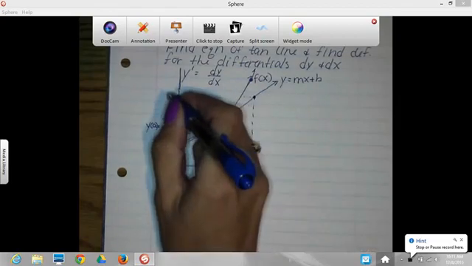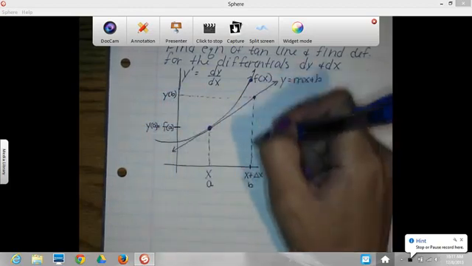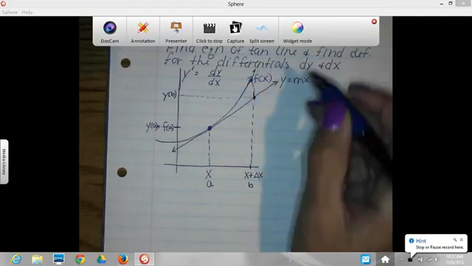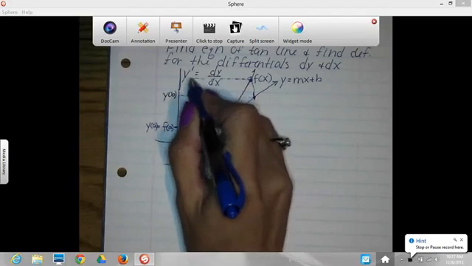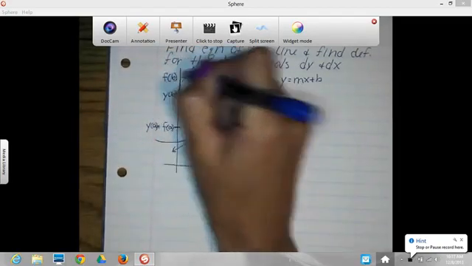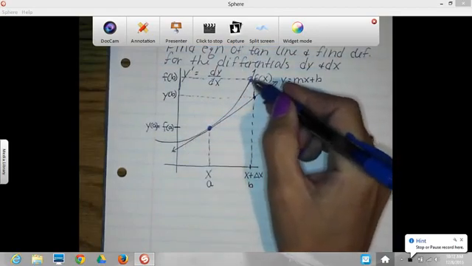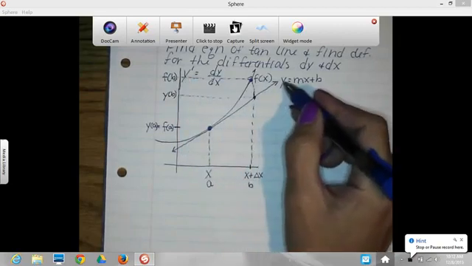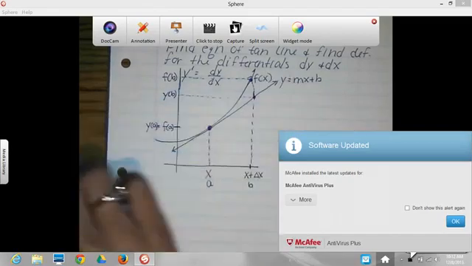So that's y of b. The corresponding y value, I'm going to bend it a little bit so it hits, we'll call that one f of b. Because I chose to call the original function f of x, so that's the y value at b, so f of b. The linear function I've defined as y equals, so I can distinguish between the two functions, f of x and y.